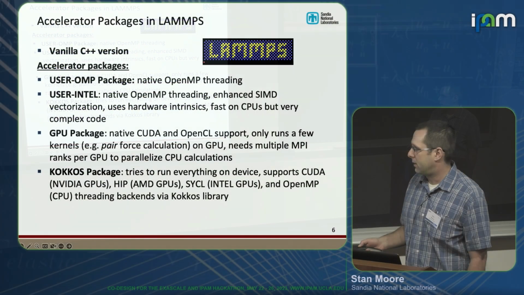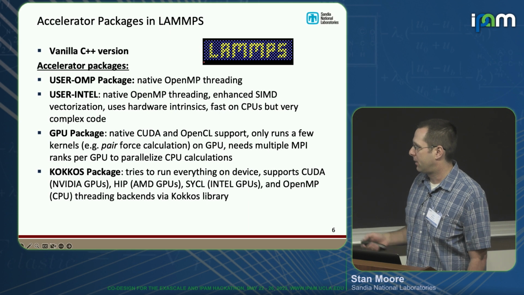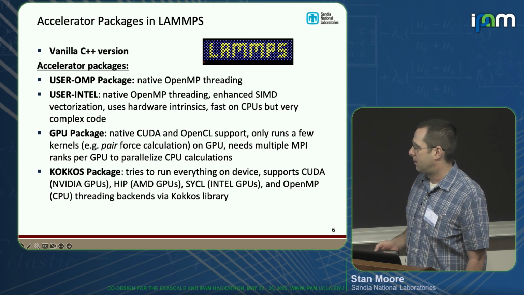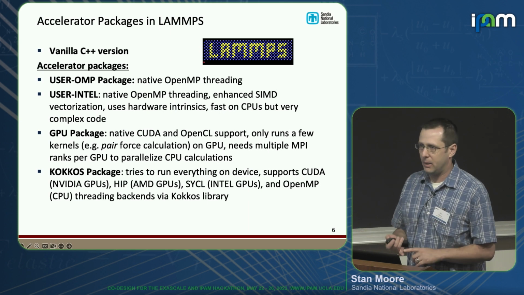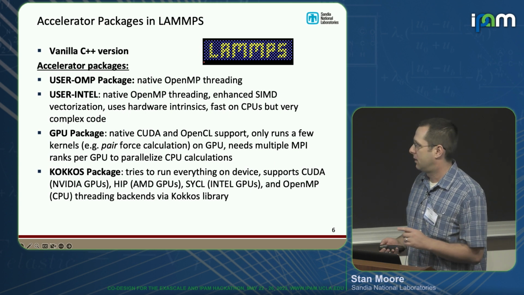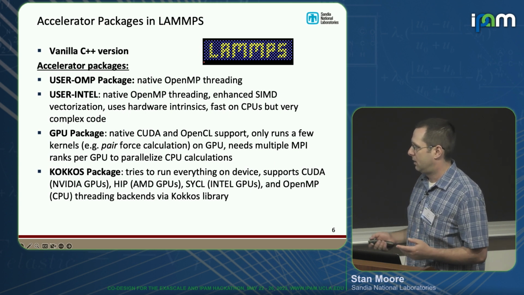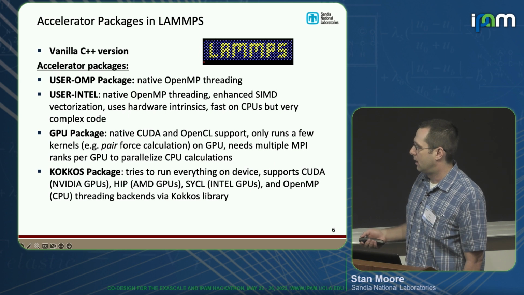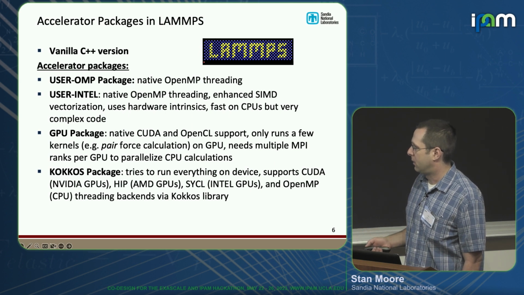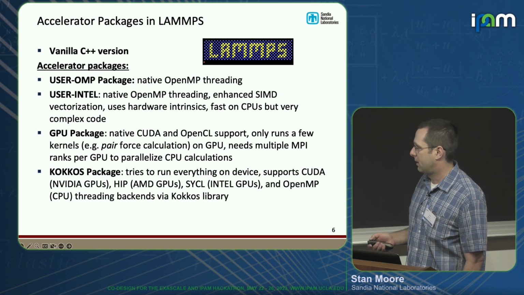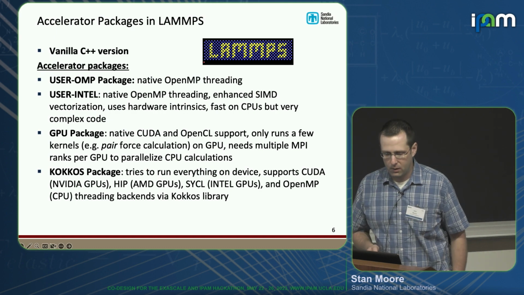The Kokkos package tries to be GPU resident, meaning everything runs on the device, including the time integrator, any diagnostics, any kernel that is heavy tries to run on the GPU. And as I said before, Kokkos supports different backends such as CUDA, HIP, SYCL, and even OpenMP multi-threading. So when I say Kokkos, this is really applicable to CUDA as well.